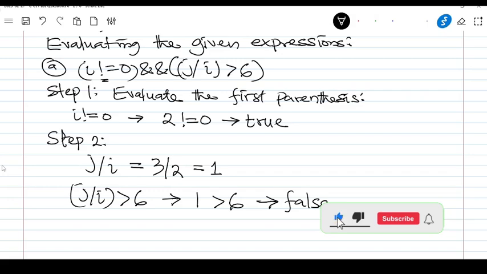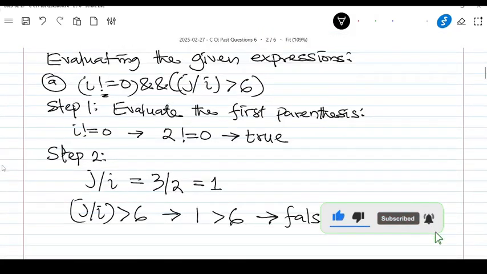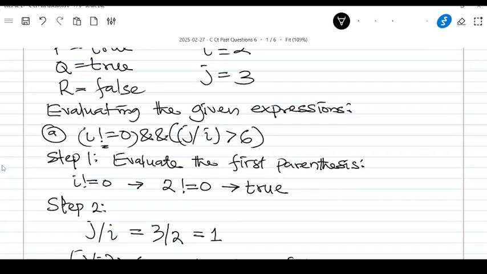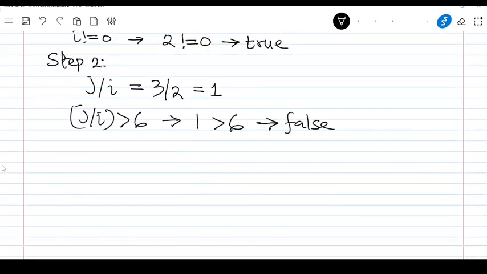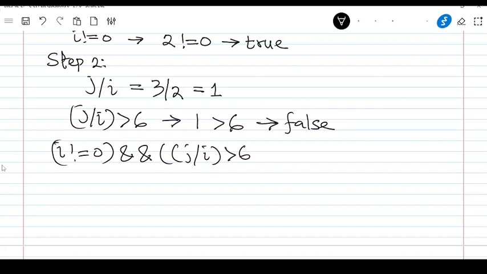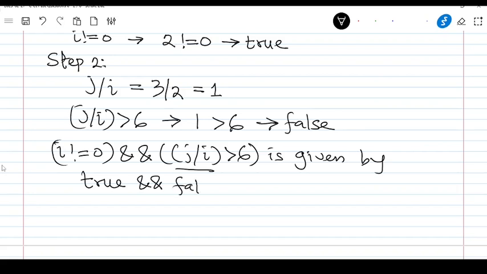So we're going to put all these things into the expression. That means we replace I is not equal to 0 with true, and j divided by I is greater than 6 gives us false.